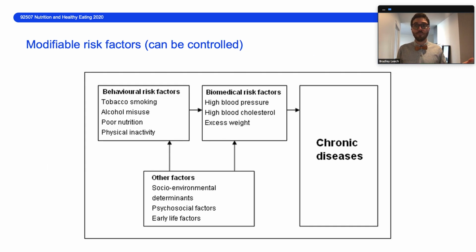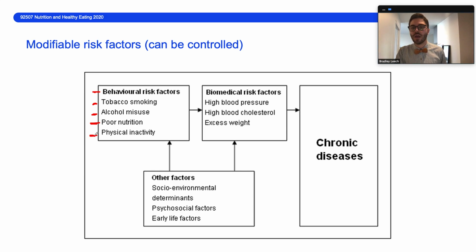So what are the modifiable risk factors? There are many, and we're going to be coming back to this quite frequently throughout this session. You've got your behavioral risk factors. What are things that you do, such as smoking? Yes, smoking will increase your risk of which chronic disease? I'm going to say lung disease. You've got alcohol use, poor nutrition, physical inactivity.